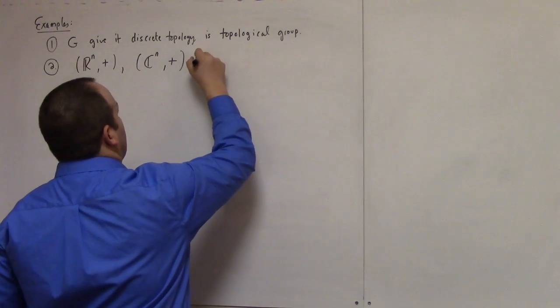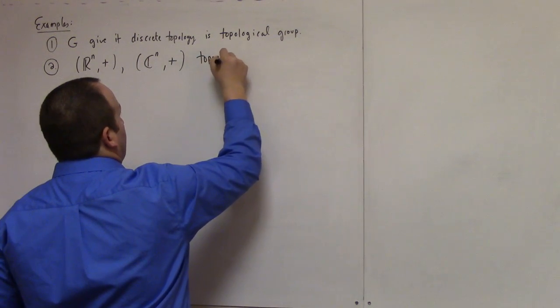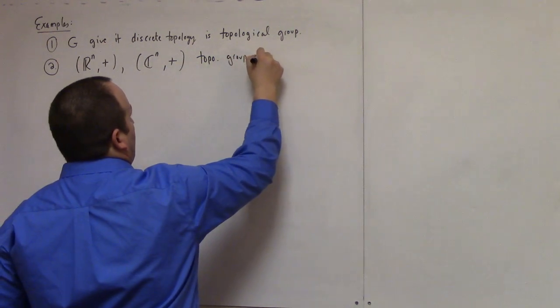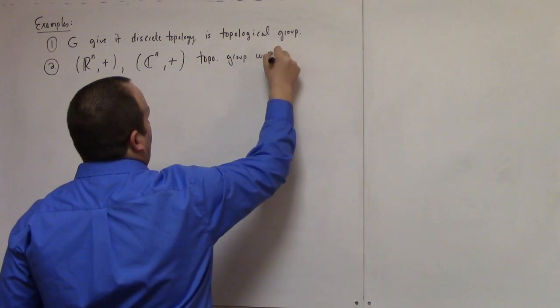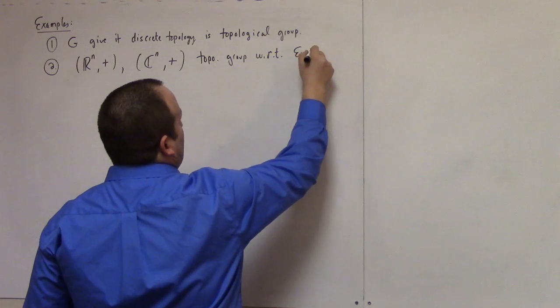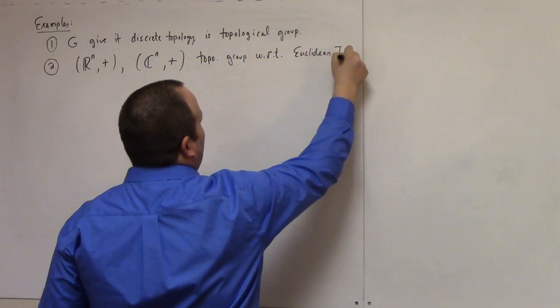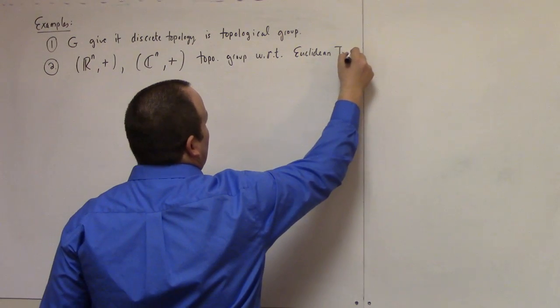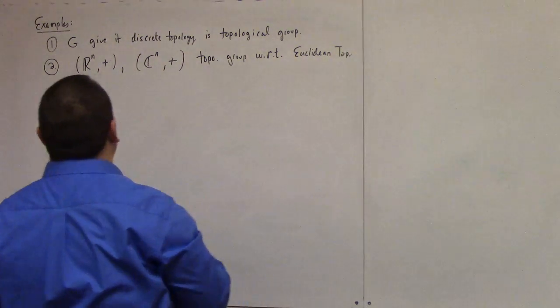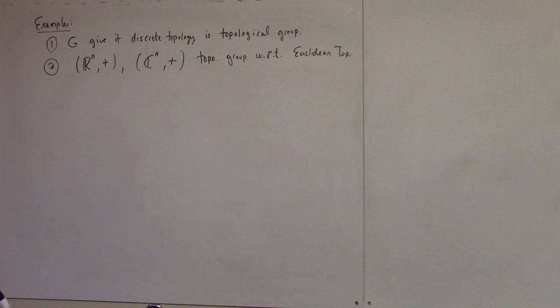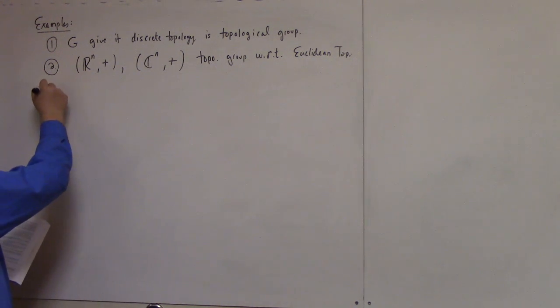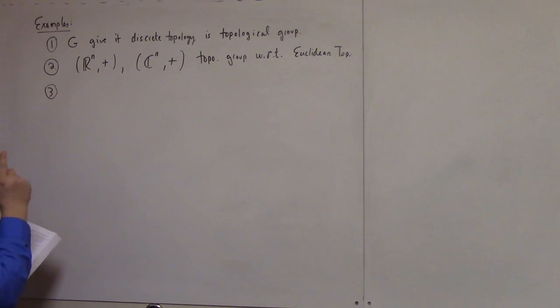And obviously, you could also make them topological groups with respect to the discrete topology, as we have spent too much time talking about already. All right, something a little bit more interesting. Number 3. I may have talked about this already. I'll talk about it again.